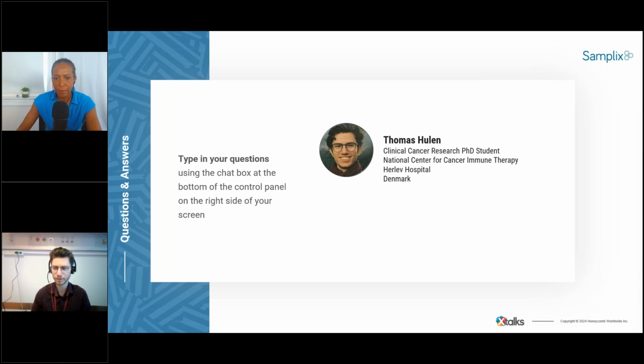Yeah, so we here use a Novocyte Quanteon, and then at Samplex they have a Sony cell sorter. I don't remember the model, but there are some adjustments and optimizations that need to be made. So the voltages need to be optimized, and then also the compensations.